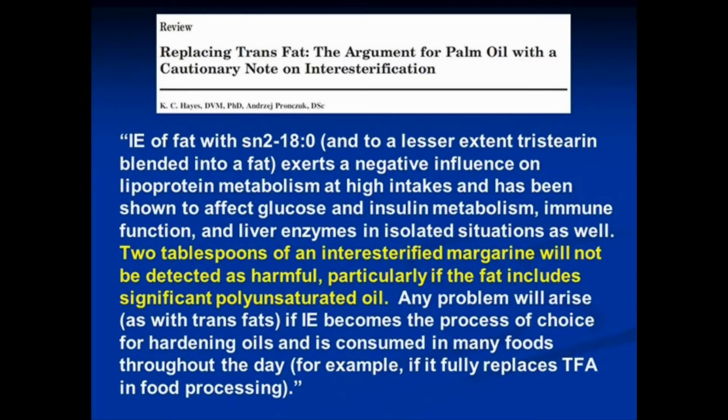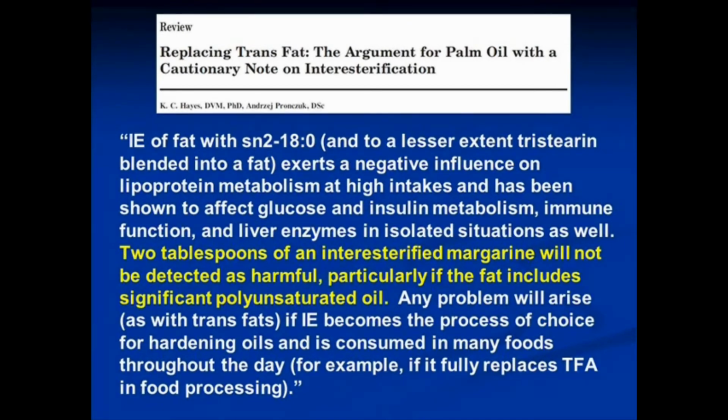Now, the modeling exercises suggest that perhaps it won't, but I think it's something we need to be cautious about. Any problem will arise, as with trans fats, if IE becomes the process of choice for hardening oils and is consumed in many foods throughout the day. For example, if it fully replaces trans fatty acids in food processing. Again, it's unlikely that it's going to fully replace trans fatty acids. Part of it will replace trans fatty acids, but part of it will not, because those are going to be replaced with the genetically improved oils.